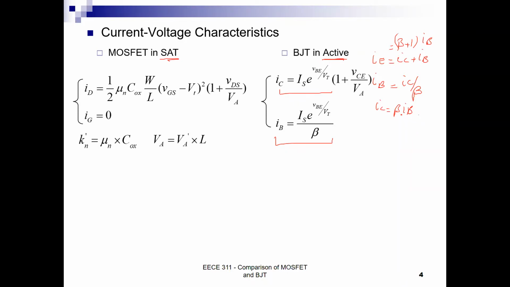In case there is an early effect, the same thing applies: we add a multiplication factor, 1 plus VCE over VA, multiplying the IC equation.